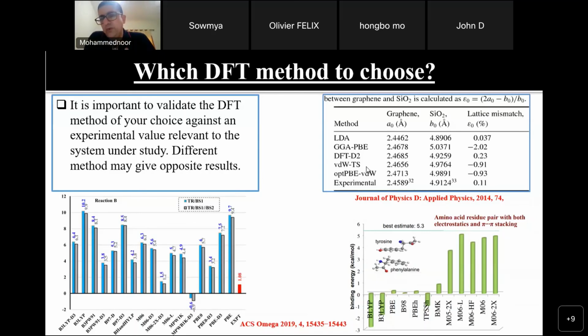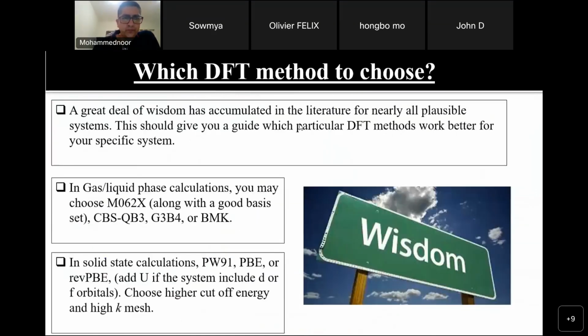People who are working on graphene, for example, would be very interested to calculate the lattice constants in graphene based on different methods. So here, it's very important to validate it. So which DFT method should students use? A great deal of wisdom has accumulated in the literature for nearly all possible systems.